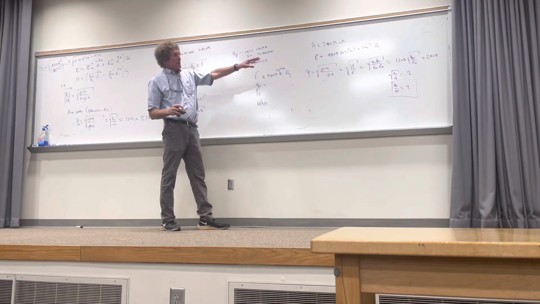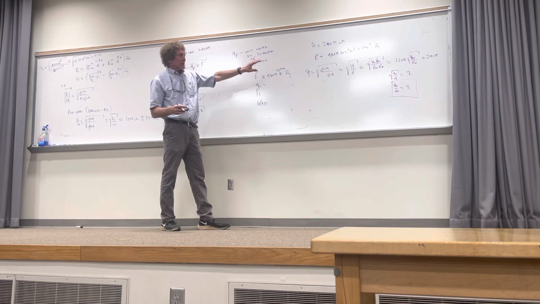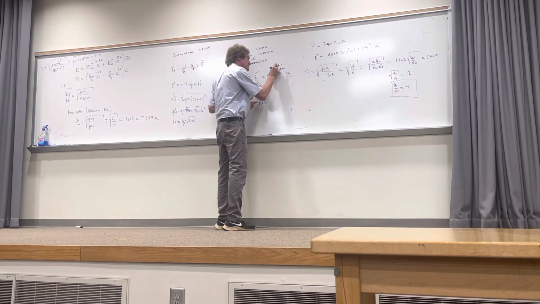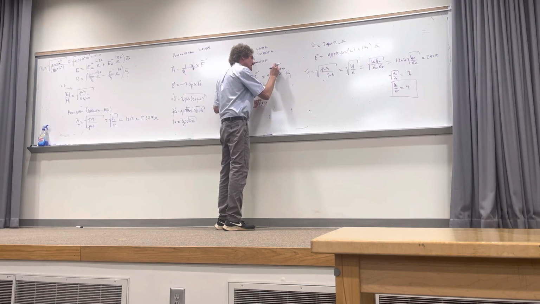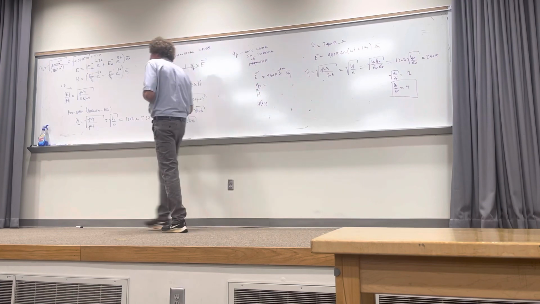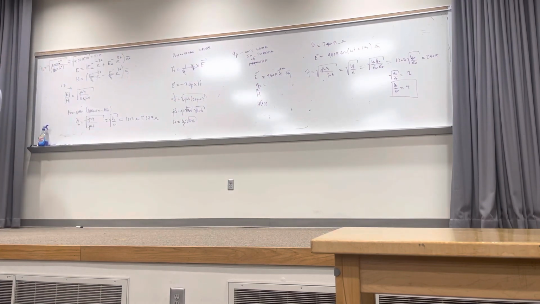We don't know what omega is, but we know beta's 10, right? It's propagating in the plus x direction, or sorry, the minus x direction. This should be j 10x. And yeah, he's got that right.